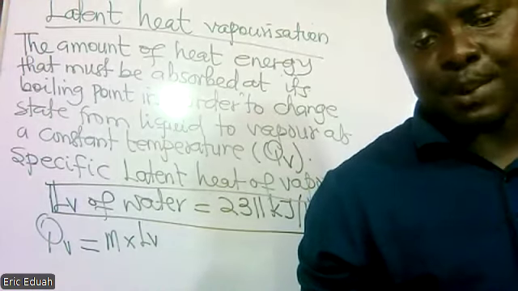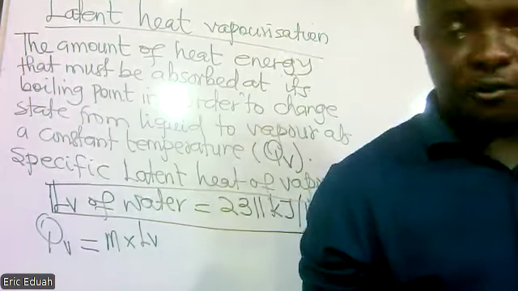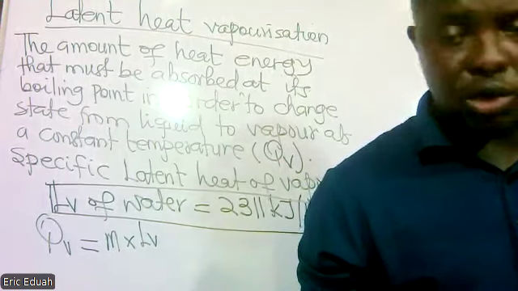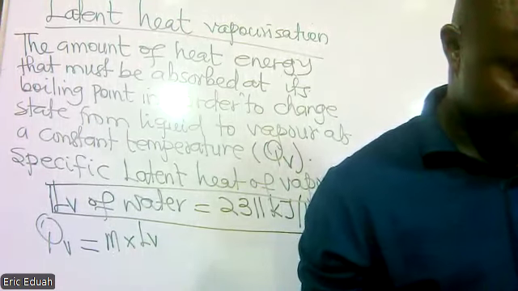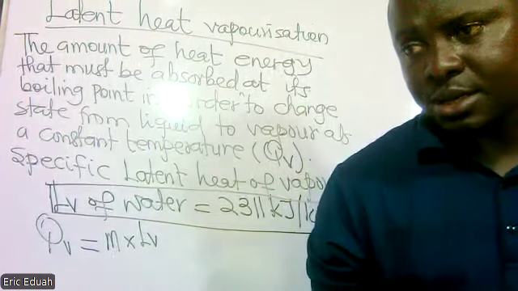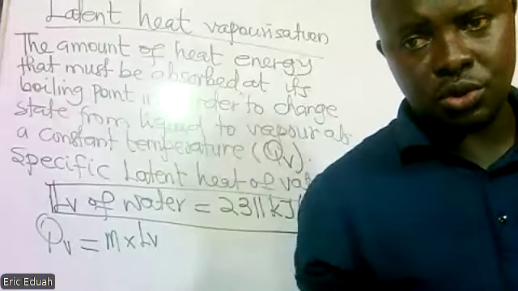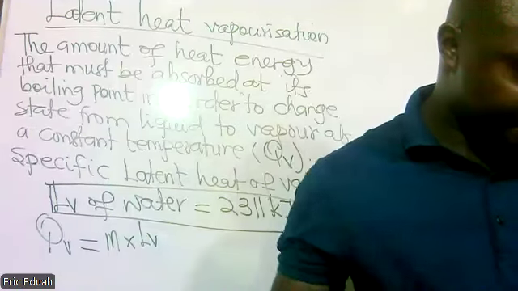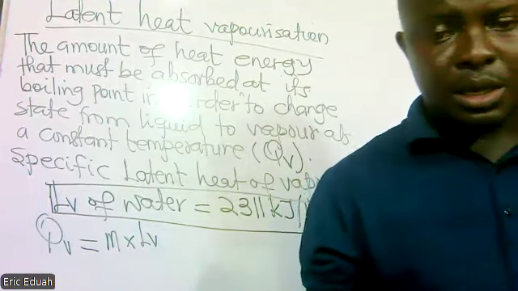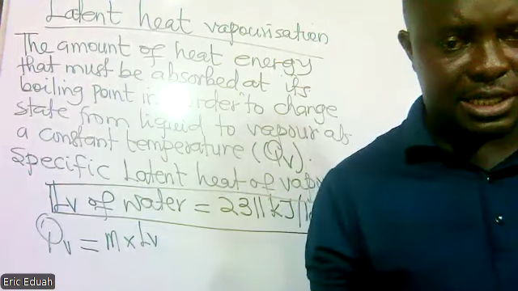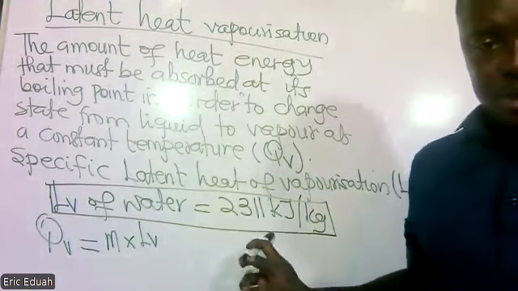The specific heat capacity of water is 4.2 kilojoules per kilogram per Kelvin. And the specific latent heat of vaporization of water is given by this amount.